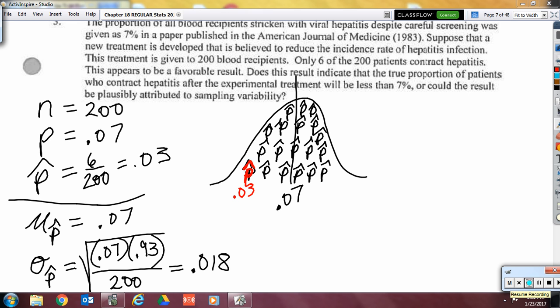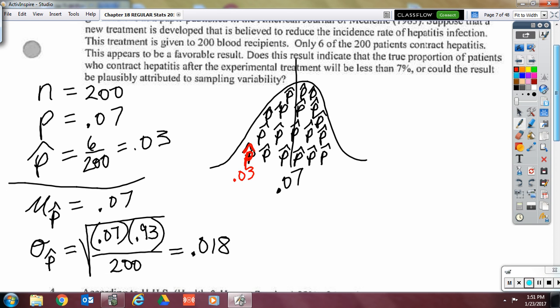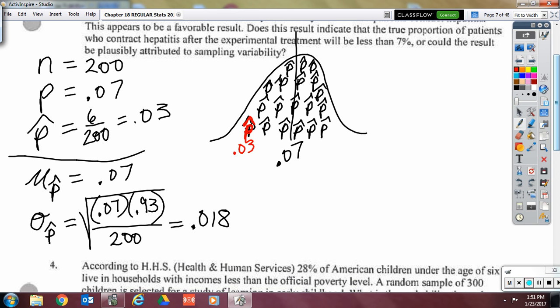Let's have a discussion about this problem because the question that it asks is actually a little different than some of the other ones. So essentially this is saying, suppose that the entire United States or even Texas, some bigger population, has 7% of people who indeed have hepatitis.